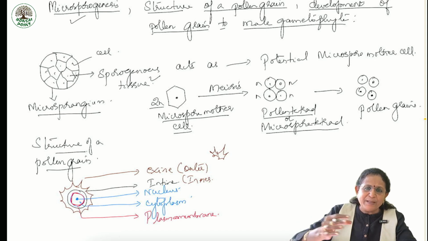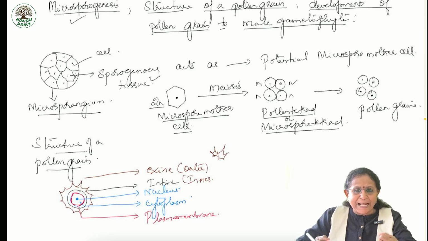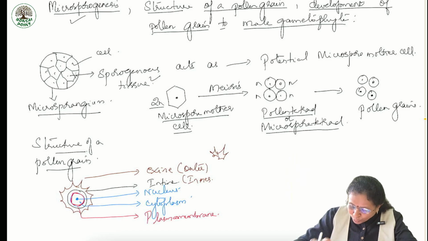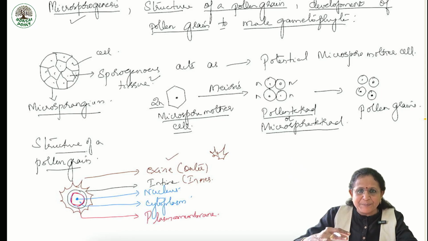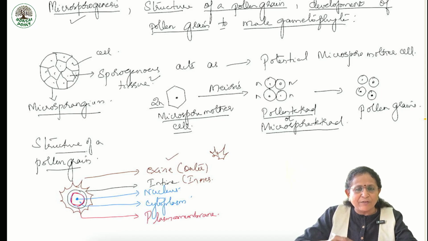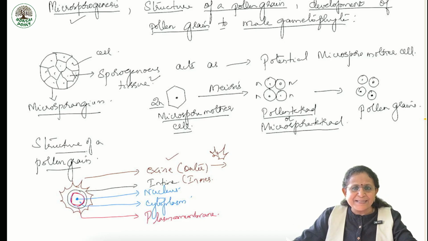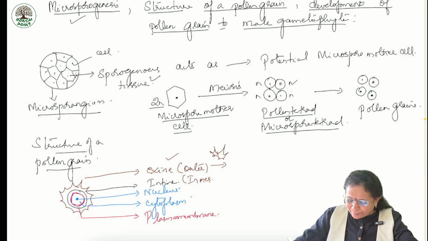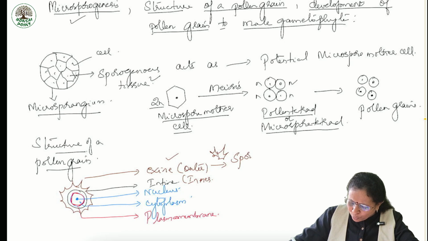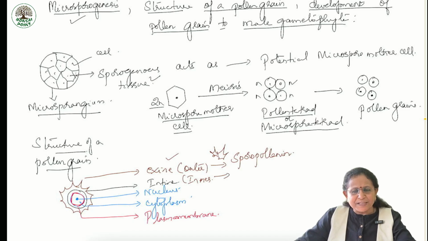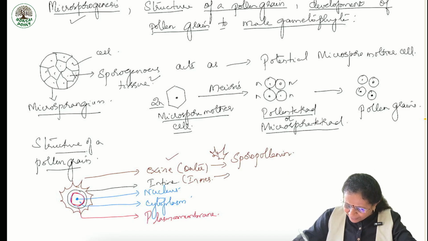Numbers of pollen grains will be there in the air, isn't it? Once we trap that and observe under the microscope, by looking at the exine and its sculpture, it is possible for us to decide to which plant it belongs. So exine is made of a special resistant organic material or chemical called sporopollenin. Whereas intine is made of cellulose and pectin, and finally we have plasma membrane, cytoplasm and nucleus.